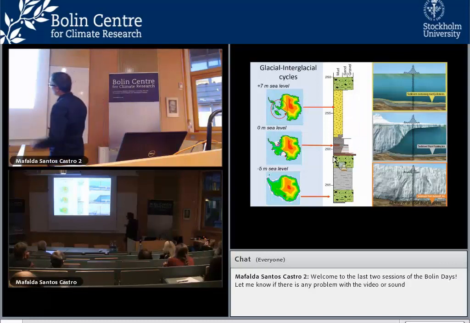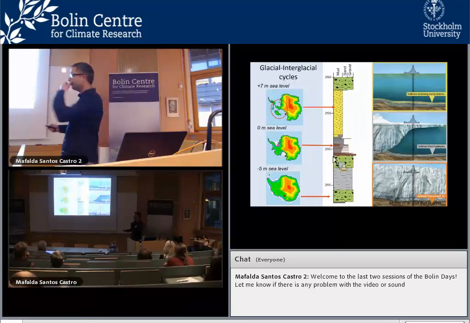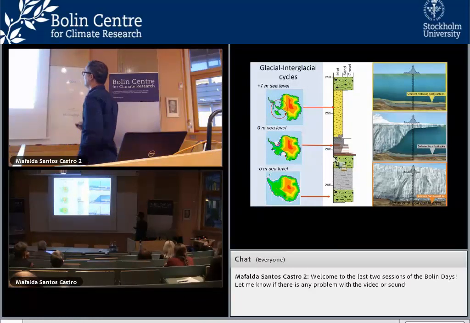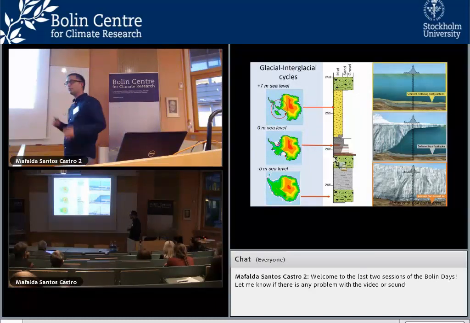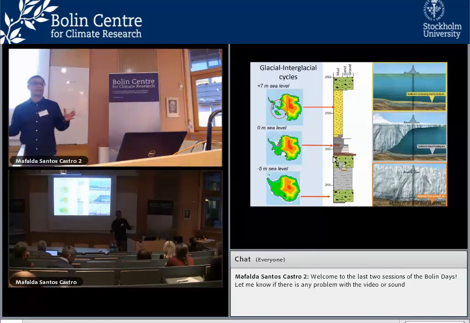Now, when one goes down core, and this core extends many hundreds of meters below the sea floor, you find periods where you get diatomaceous oozes, if you like. And these types of sediment are only deposited when the coring site in the past would have been in open marine conditions, so very different from what it is today.